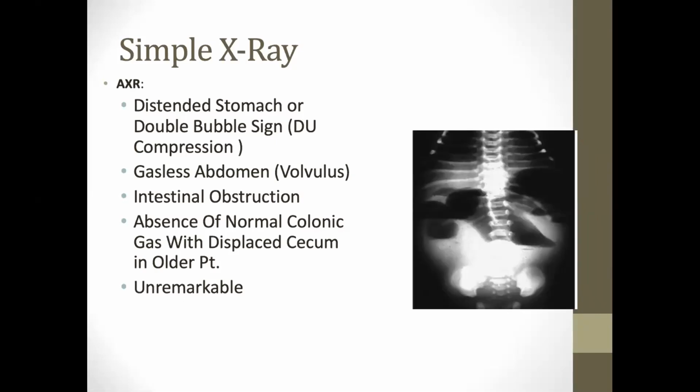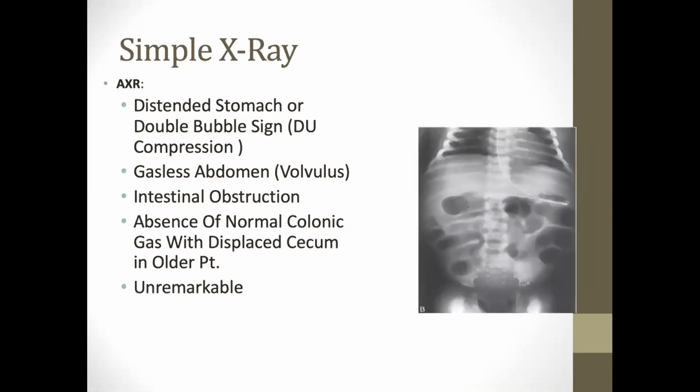Other pictures we can see in malrotation are small bowel obstruction, higher or sometimes lower, especially in late presentation. We can see pneumatosis intestinalis or pneumatosis of the portal vein in cases of late presentation and bowel necrosis.